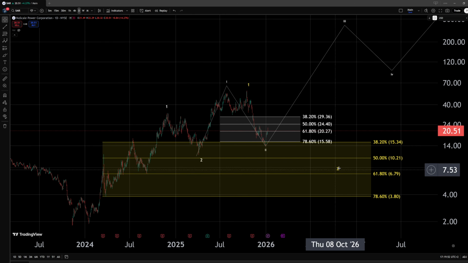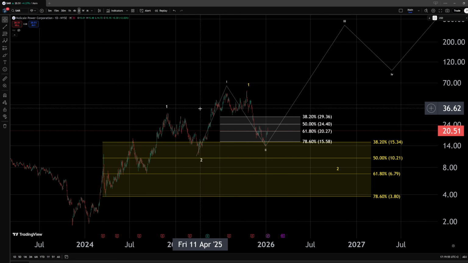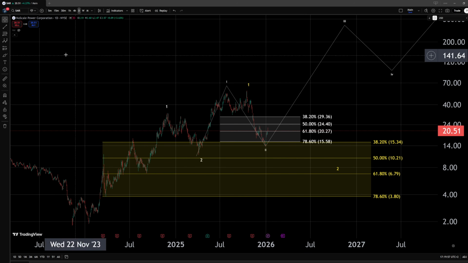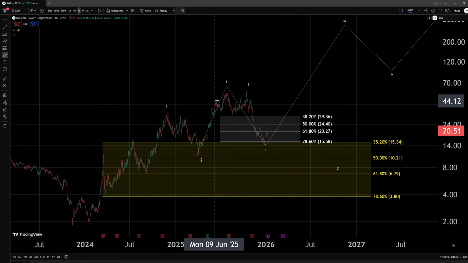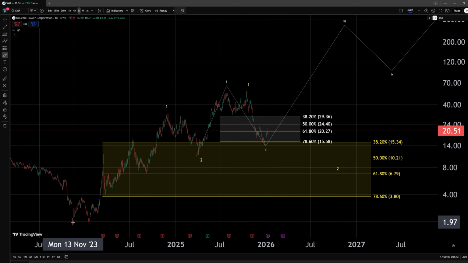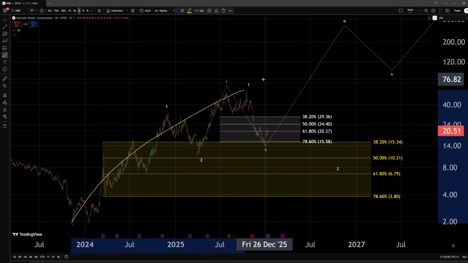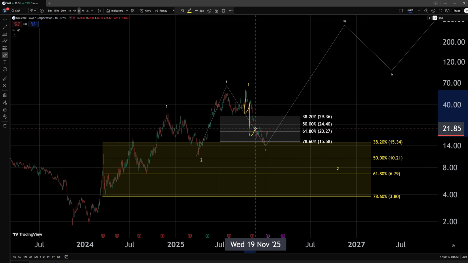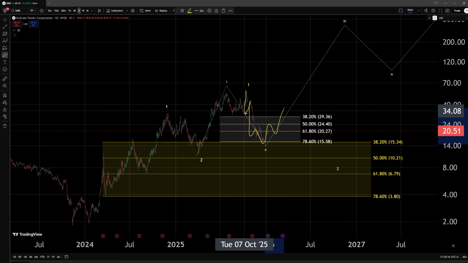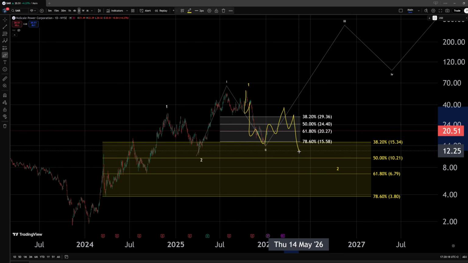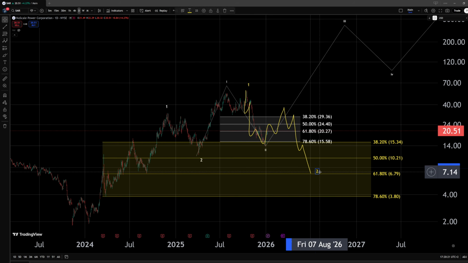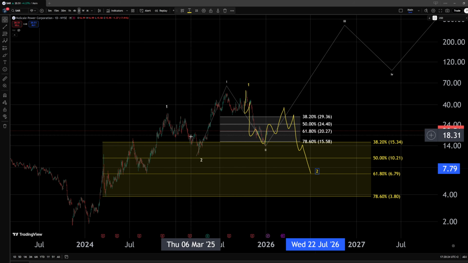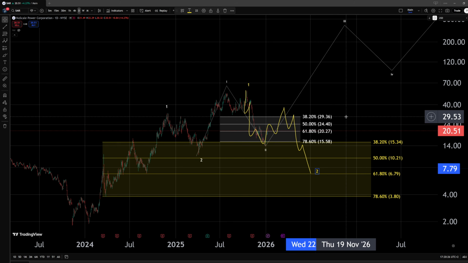Now, since we actually broke below the area of support, it's not a very sustained break, so we are still tracking the white scenario, but we did start also covering the yellow interpretation, in which we would consider a more significant wave 1 top to be in place only here at the peak, and then we would actually track a first initial 5-wave move to the downside in a wave A. We would expect a correction in 3 waves within a wave B, and then at least another 5-wave move to the downside within the wave 2 to complete an even larger correction into the much deeper area of support in yellow between the $15.3 all the way down to the $3.8 level.